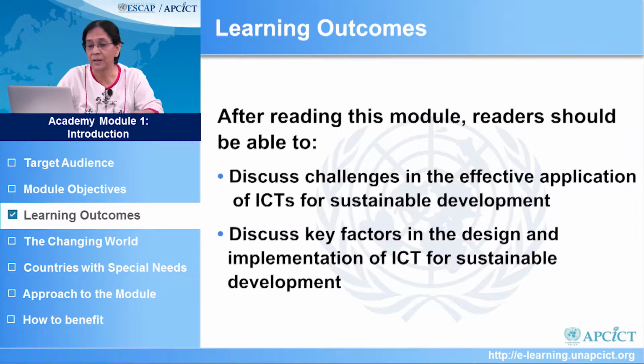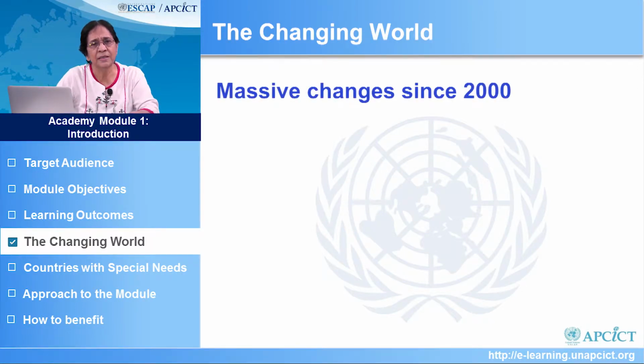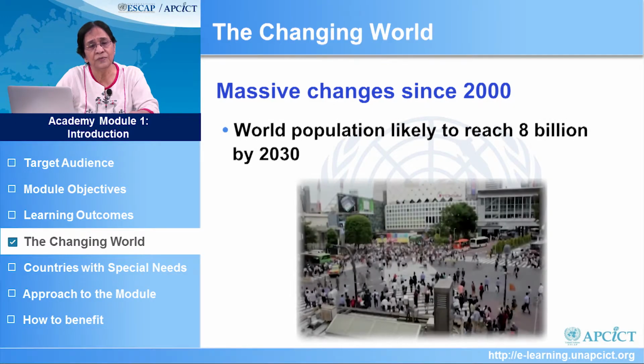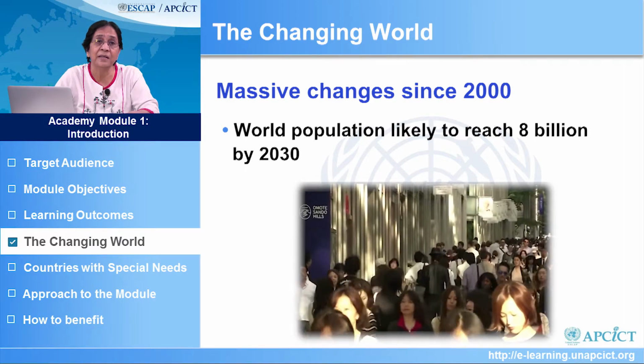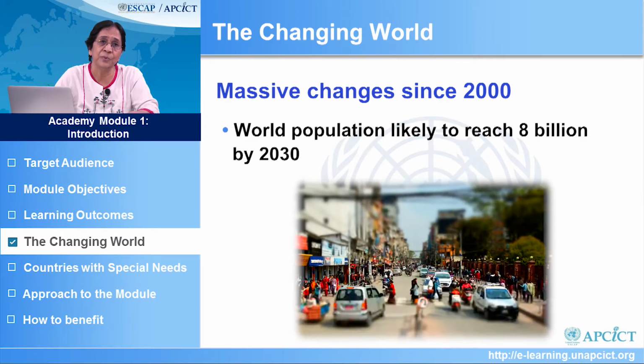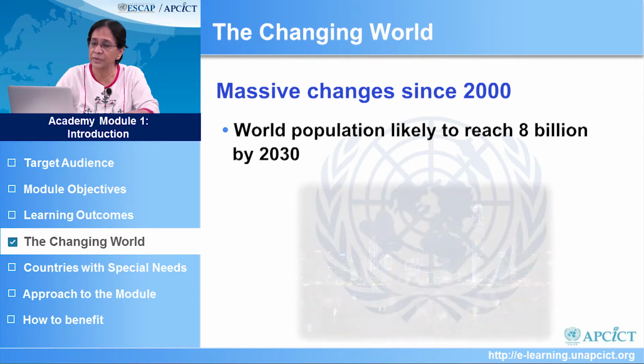This is necessary because in the last 15 years, the world has seen massive changes. For example, the population of the world has grown to 7 billion, and it's likely to go up to 8 billion people by the year 2030, which is the end year for the Sustainable Development Goals.